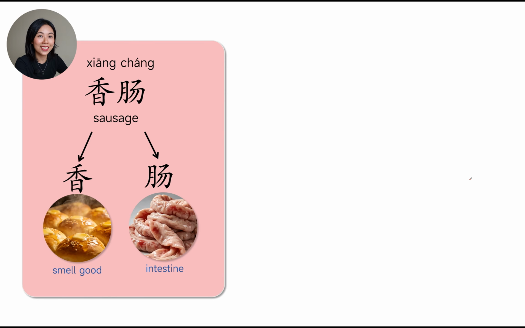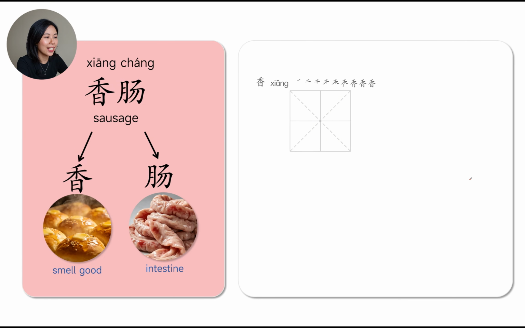So let's write the 香. The 香 is a top-bottom structure. On the top, 1, 2, 3, 4, 5. Actually, this is a grain radical. And the bottom part, 1, 2, 3, 4.